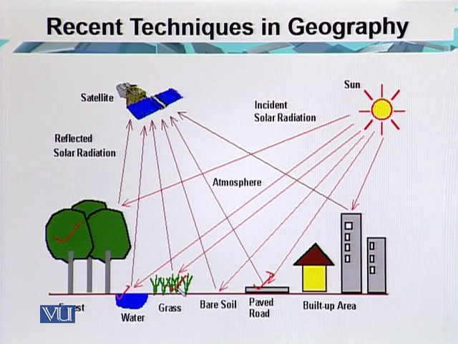The sun is the main source of energy, and it emits the same wavelengths, but different types of land covers reflect different types of wavelengths. So different types of land use have different colors. When we are dealing with images, those images reflect different colors because of the different reflections.